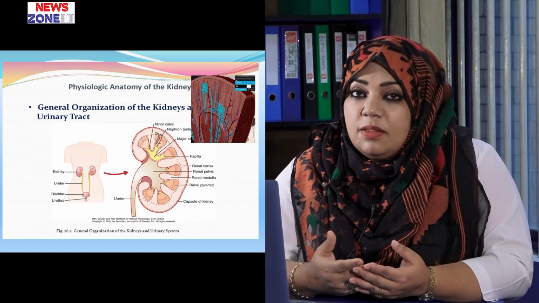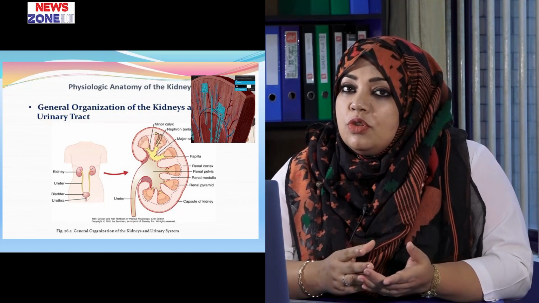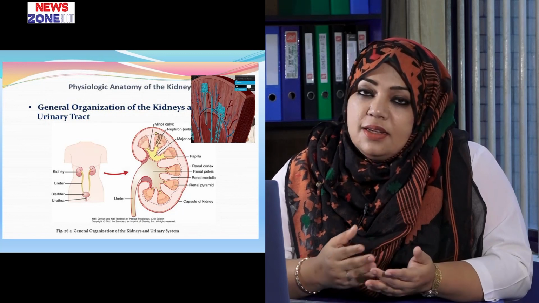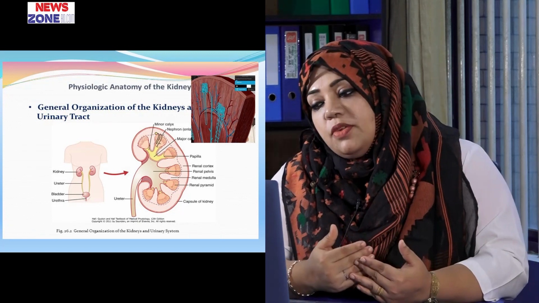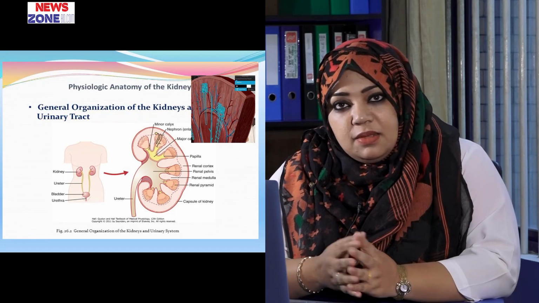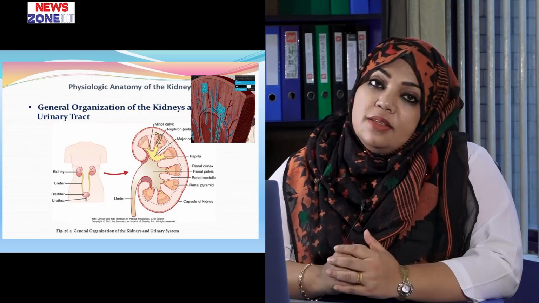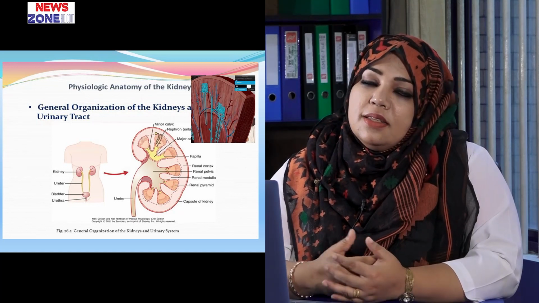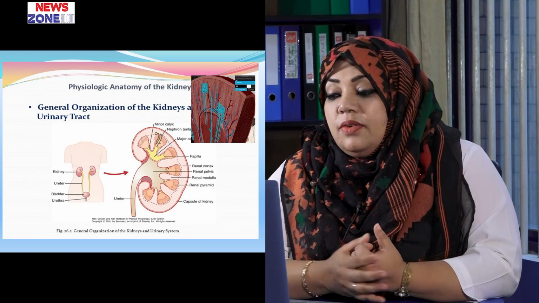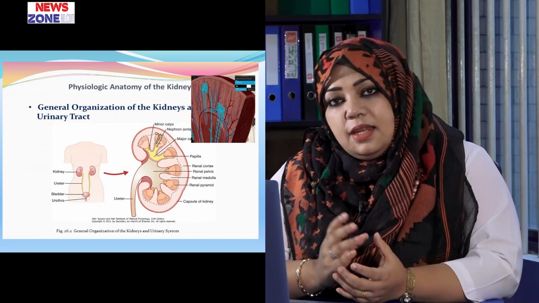Now, what is the renal pelvis? It is actually the dilated upper portion of the ureter, and it is funnel shaped. From the renal pelvis, the urine passes on to the bladder and ultimately it is excreted through the urethra. All these structures, the minor calyces, the major calyces, the renal pelvis and the ureter, contain contractile elements.